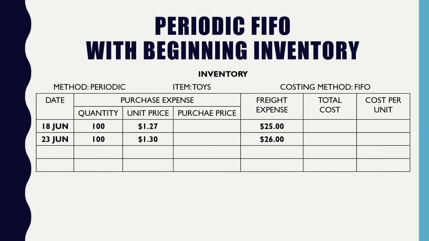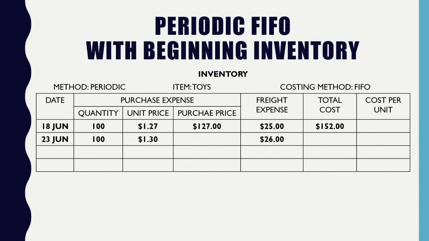So in this case, let's do it again. Purchase expense is going to be 127. Total cost is going to be purchase price plus my freight expense. So 127 plus 25 gives me 152. And I need to solve for my cost per item, because this is a new batch of inventory.